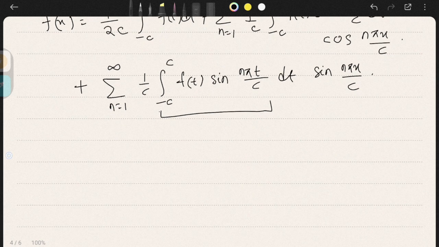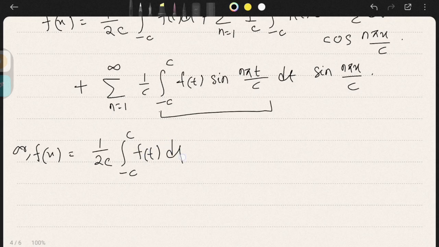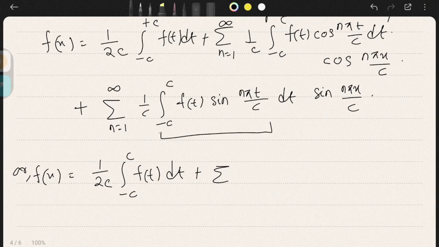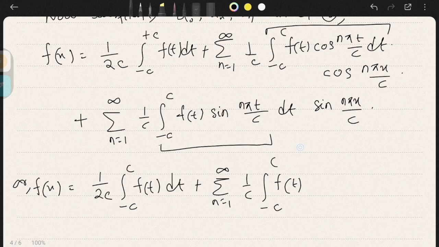Now let's simplify, we'll get our result very soon. Take the term 1 by c integral from minus c to c of f of t common in both.